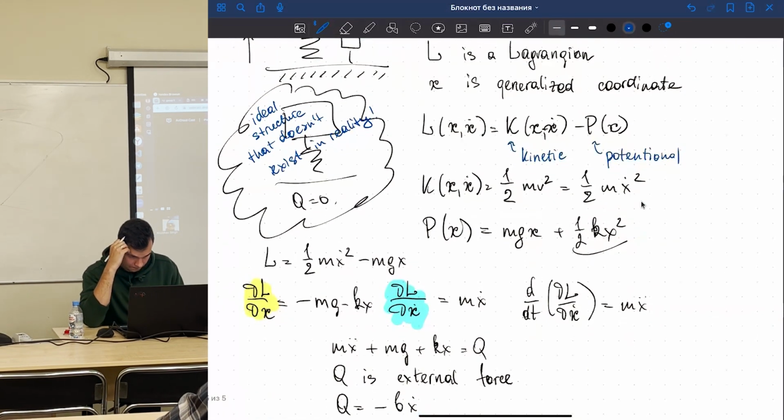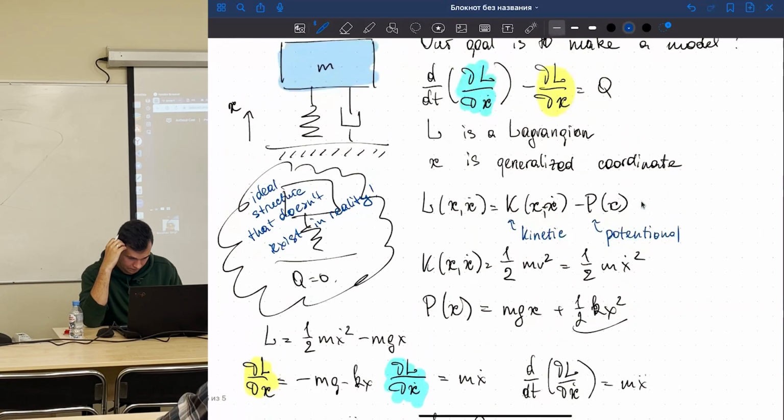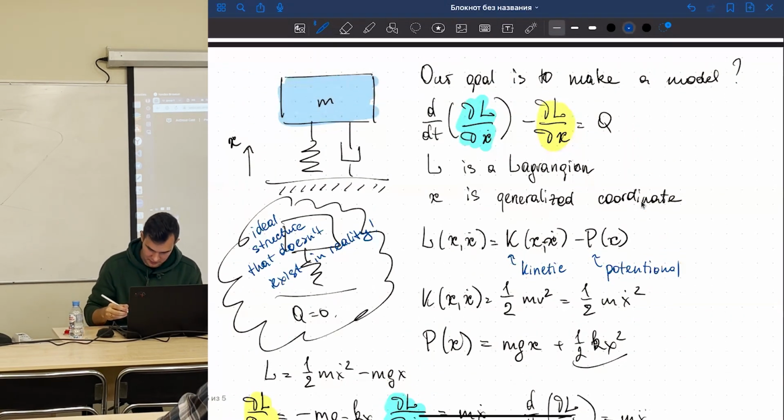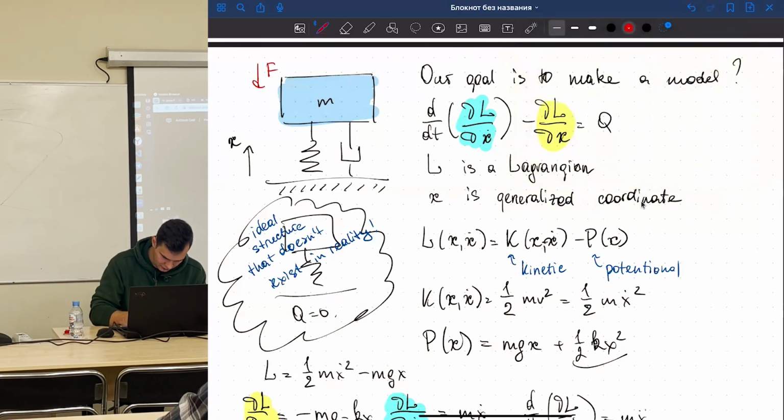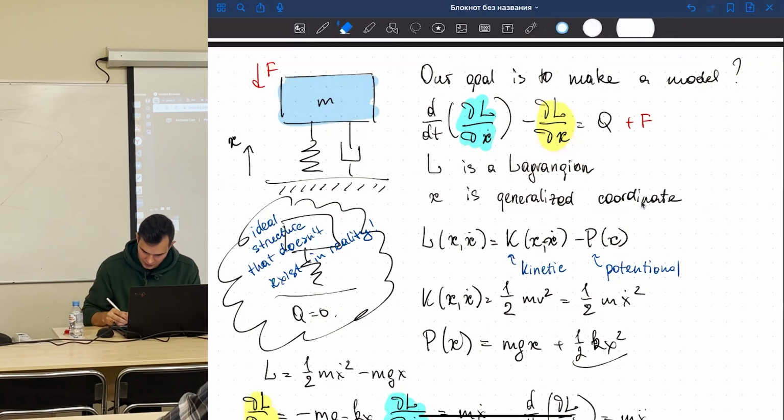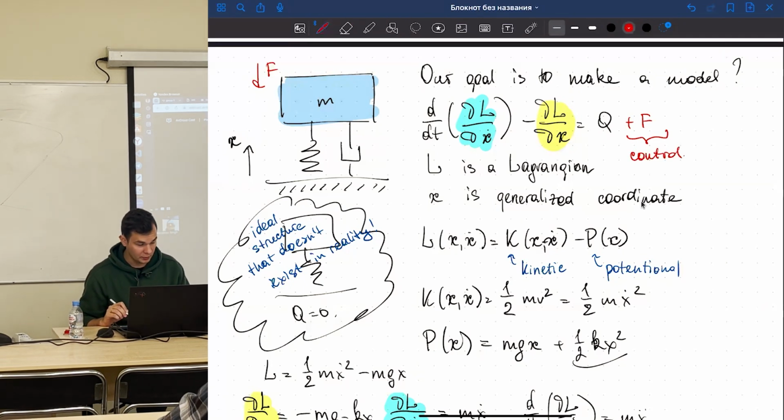So if I push on the mass, is that also part of Q? Right, yes, it will be here. If I add force here, it will be here, and you can treat it as a control part. And if my force completely cancels the effect of the damper, that would result in a situation where Q equals 0. Yes, you're completely right.